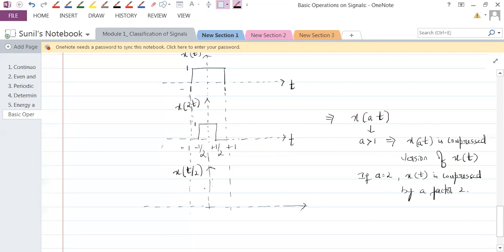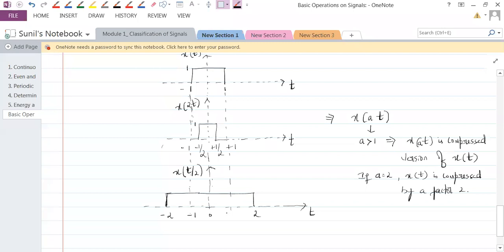Instead of multiplying it by 2, I'm dividing it by 2. So what should happen is this. The signal x of t, which was earlier extending from minus 1 to 1, would now extend from what? Minus 2 to 2. So this you should understand.